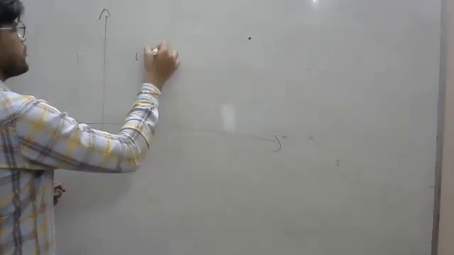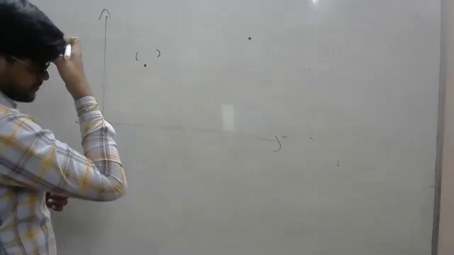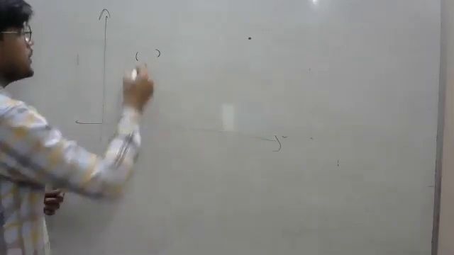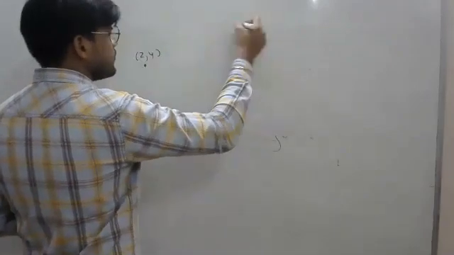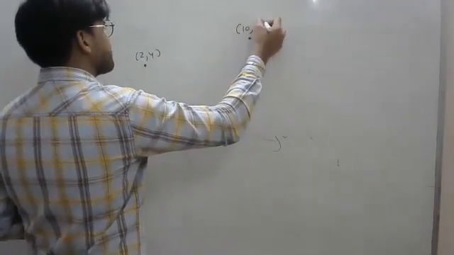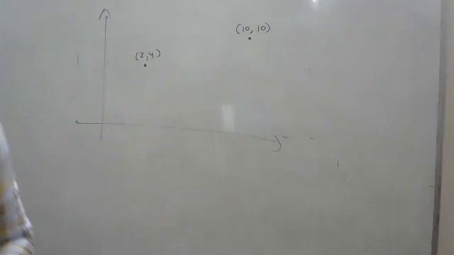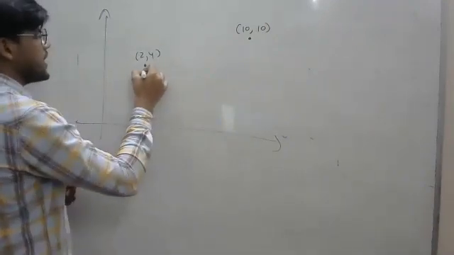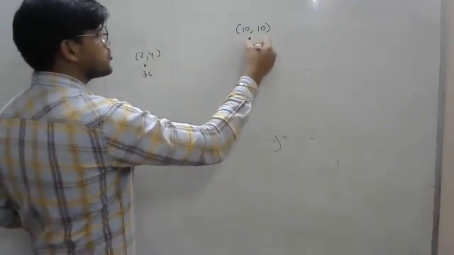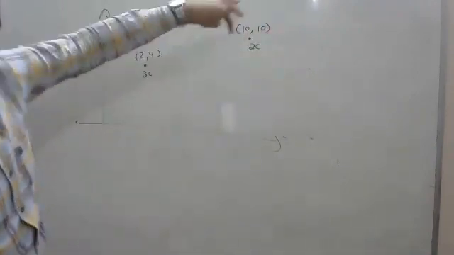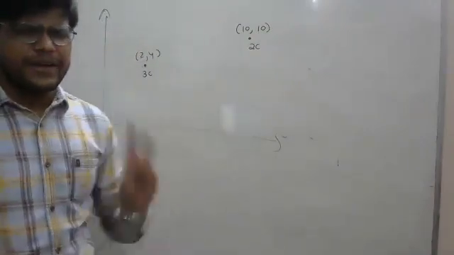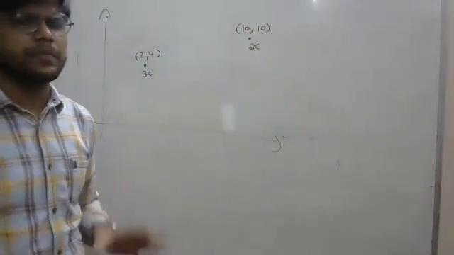Let's say this is 2,4 and here it is 10,10. Suppose the charge here is 3 coulomb and here the charge is 2 coulomb. So obviously this 3 coulomb will be pushing 2 coulomb and 2 coulomb will be pushing 3 coulomb. हमें कोई भी एक find करना है कि 3 coulomb 2 coulomb पे कितना force apply करेगा.